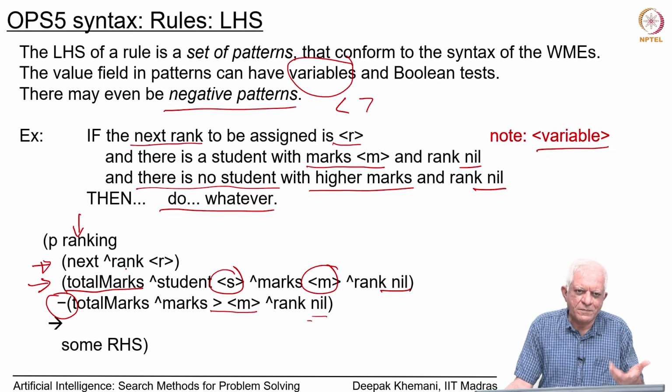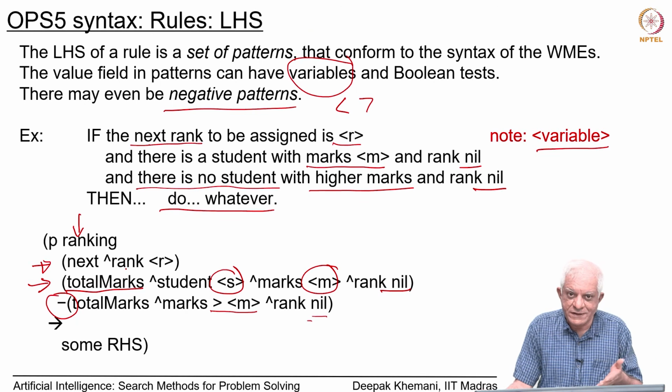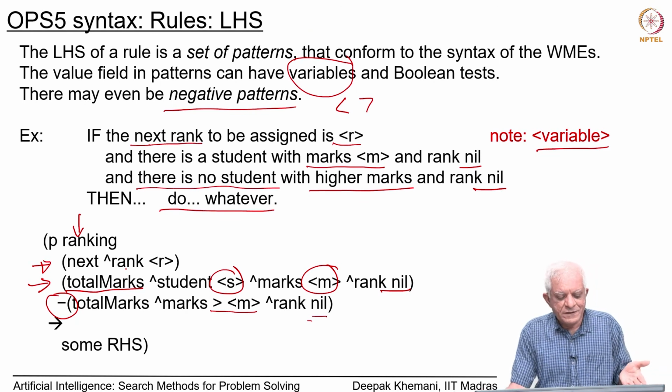The third pattern will not match anything obviously, because it says that there must be no such pattern, but the first 2 patterns must match specific working memory elements. We know which student we are talking about, and we know what rank that student should be assigned.